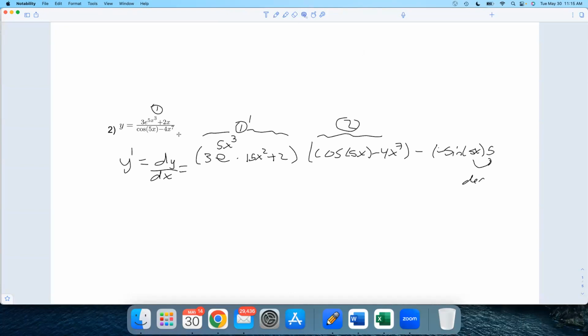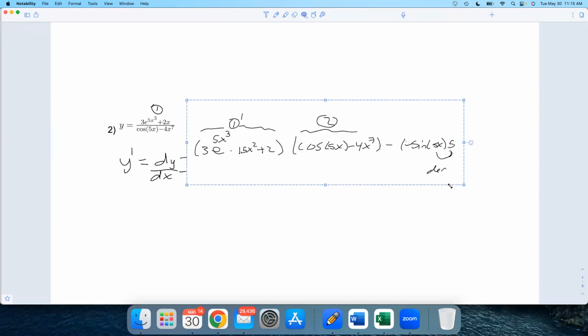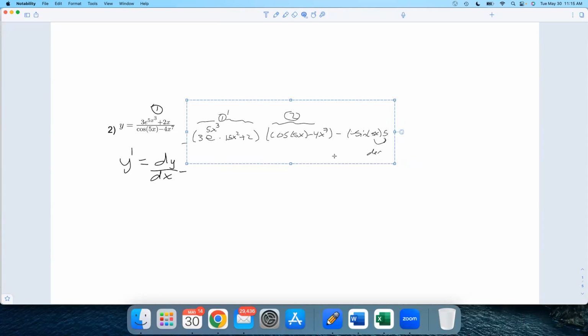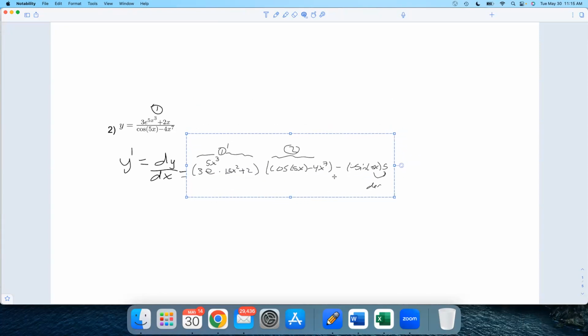I'm going to make this a little smaller. Okay, so that was derivative of the bottom. Oh, no, I'm not done. I still got this guy. So maybe we'll put some extra brackets here. Derivative of that guy would be minus 28x to the 6th. So all of this here is the bottom's derivative times the top, leave the top alone.